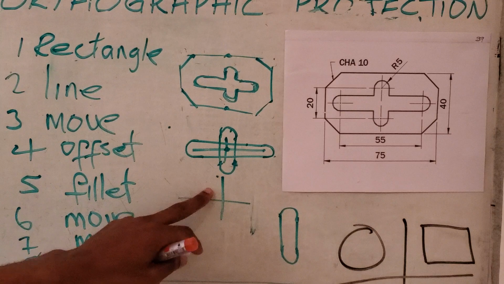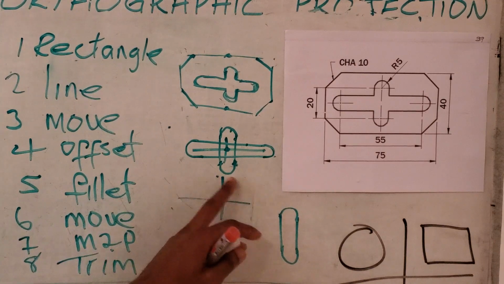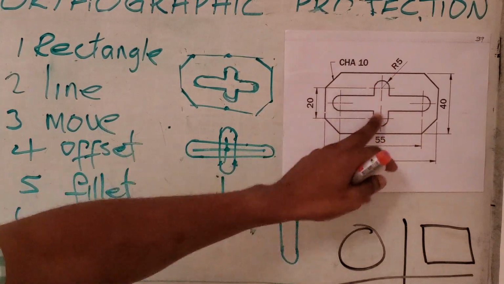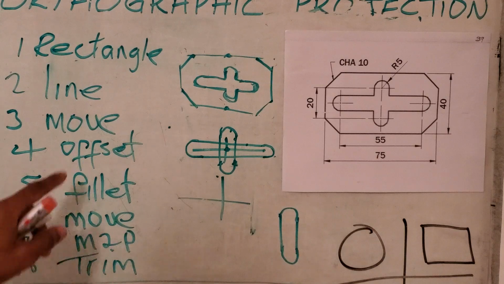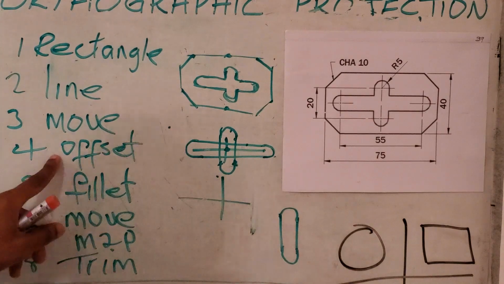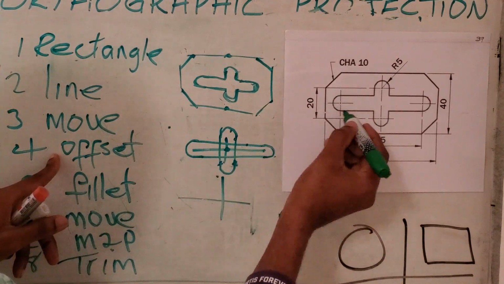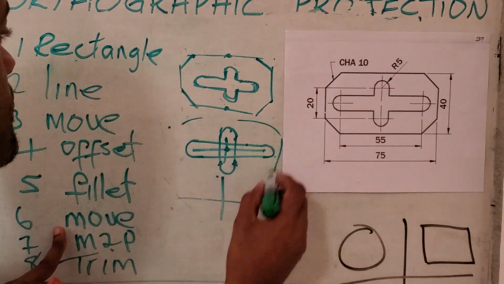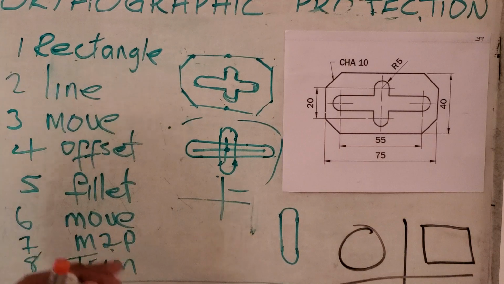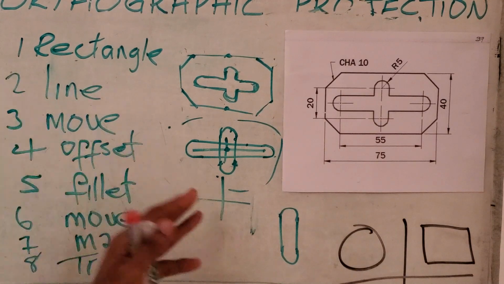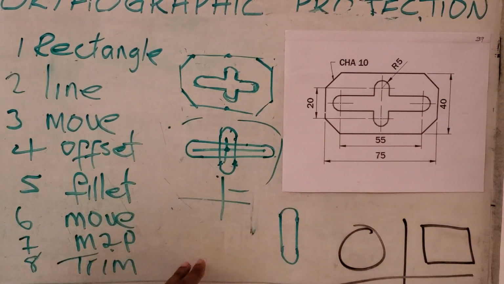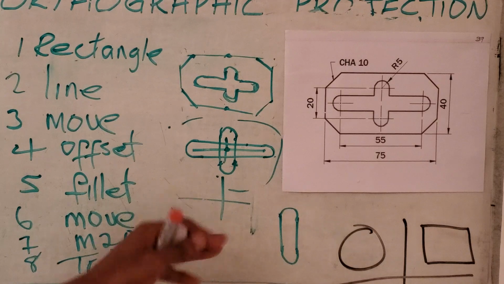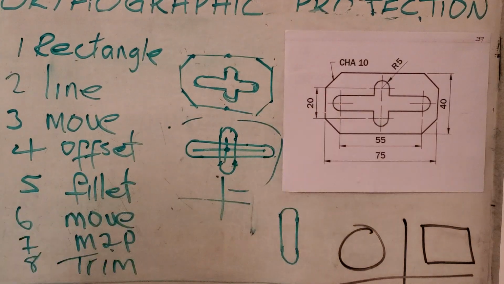Then offset this by 5 to get the parallels there. Once you offset, use fillet to get the curve section here, and from fillet we move everything into the drawing. What I typically do is draw details like this outside the drawing, then move it into the drawing.